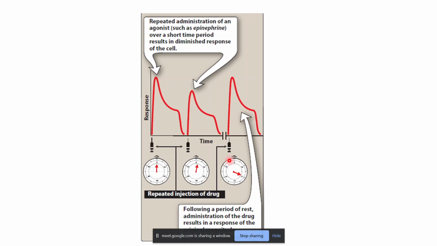So this phenomenon that is called tachyphylaxis is due to the phosphorylation or other event that modifies the receptor on the cell surface and makes it unresponsive to the drug.